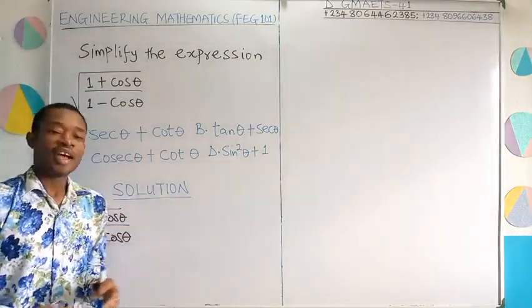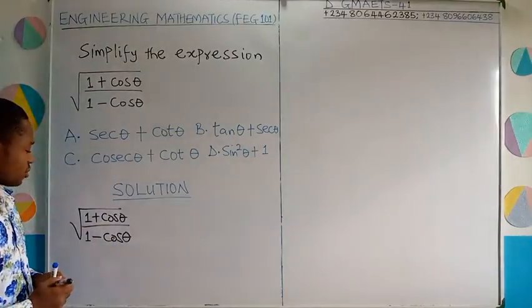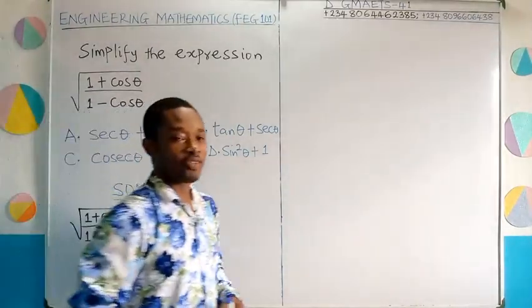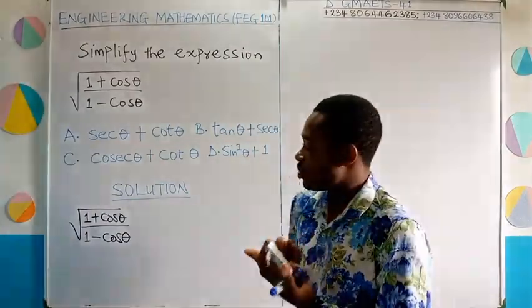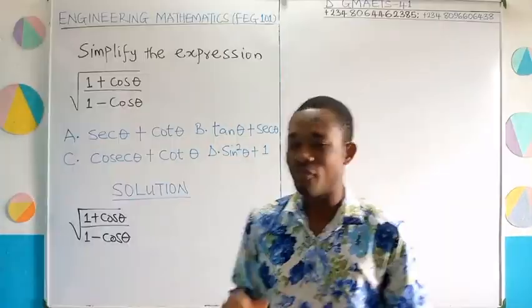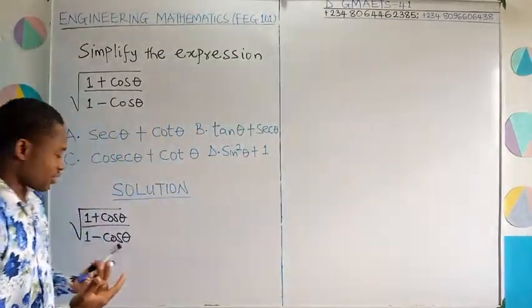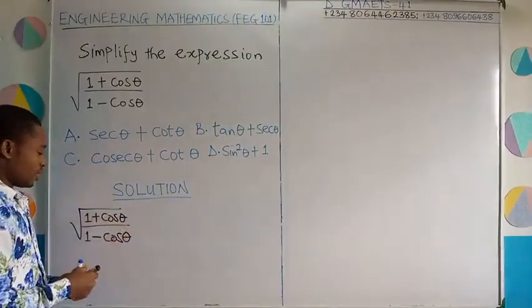Now, if you look at this problem that is given to us, the trig function that we have there, cos theta, is already in basic form. And so we cannot really break this down any further. We could now start thinking, what do we do here?